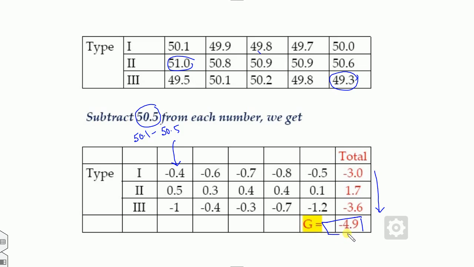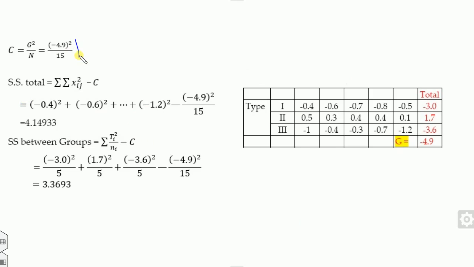This is my total G. Now based on this you can calculate the value of C. Look at this table, the total is 4.9. So 4.9 square, and how many elements are there? 5 plus 5 plus 5, 15. Now the total is 0.4 square plus 0.6 square. You can easily calculate this: 0.4 square is 0.16, plus 0.36.